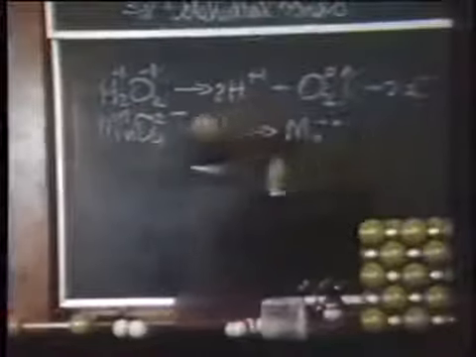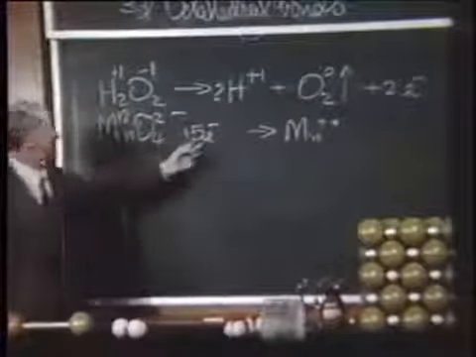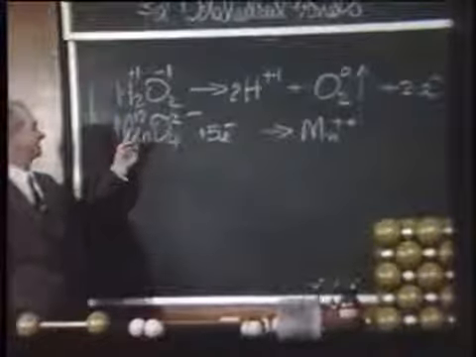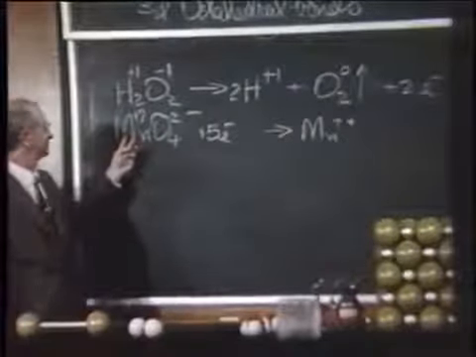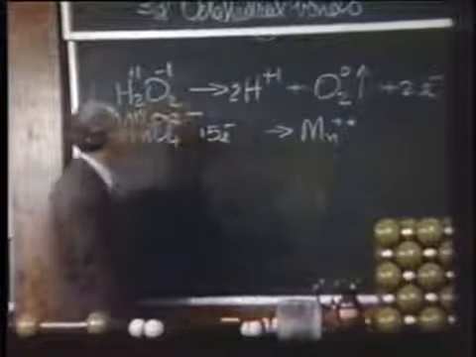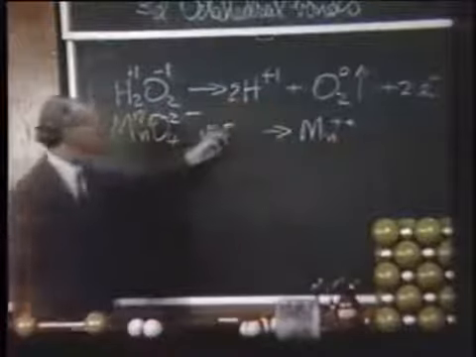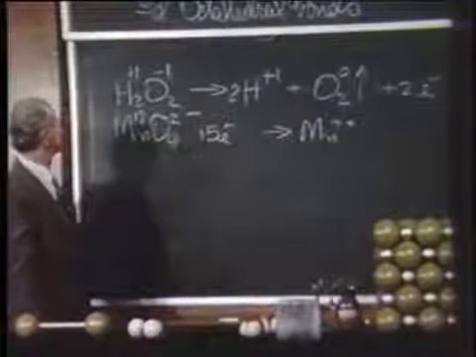This means that we need 5 electrons in order to carry out the reduction, the electronation, of manganese from +7 to +2. Charges on this side: +7 -5 gives us +2 over on this side.